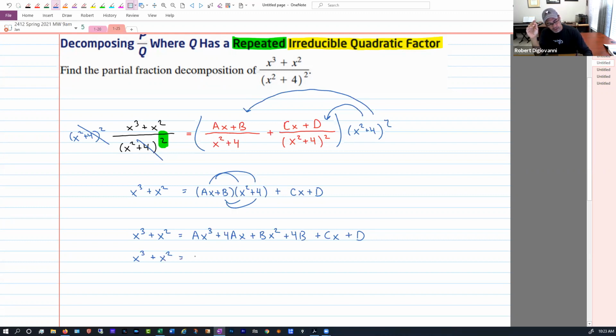Okay, I only have one x cubed, so I'm going to put that there. X squared, I only have one. X's, I've got a few of them, so let's see. I've got 4a here, plus c, and then an x, that takes care of those two. Then I have a 4b plus d by itself.